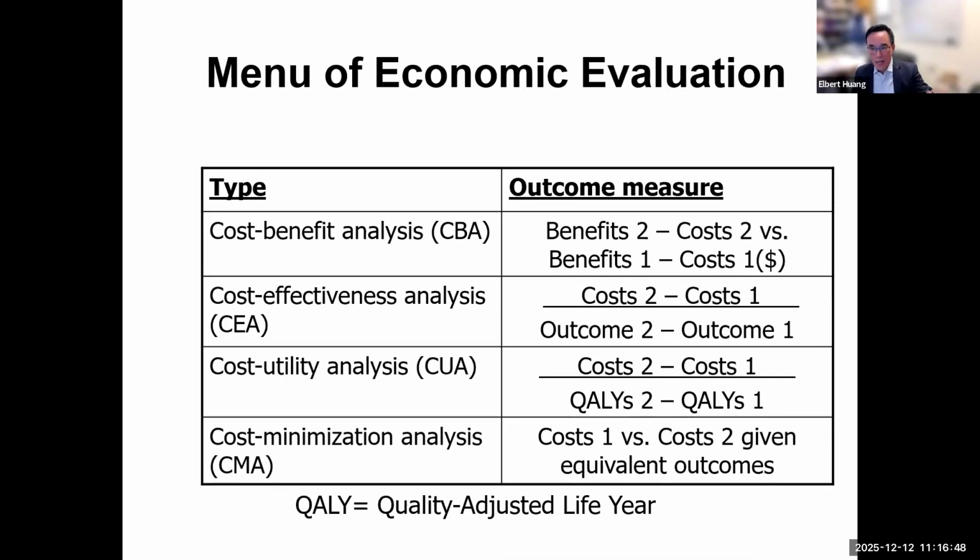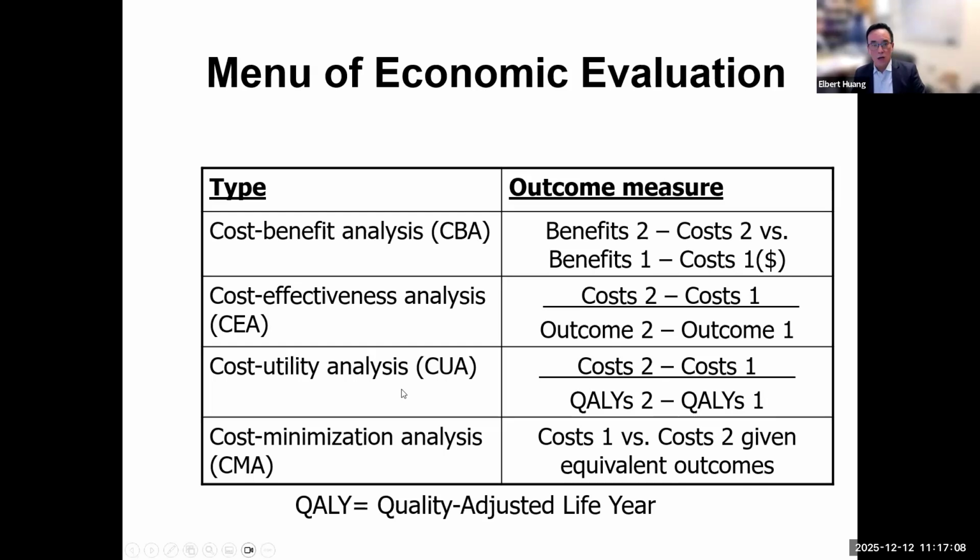So mathematically, this is what each of these types of analyses represents. In cost-benefit analysis, as I told you, it's the benefit of option 2 minus the cost of option 2, and you're comparing it to the other policy options, benefit versus cost difference.